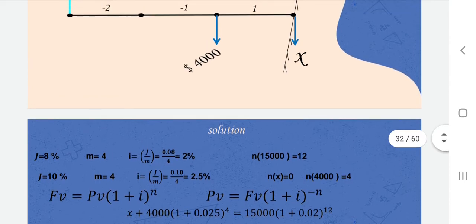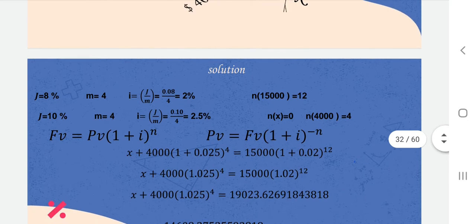M for X equals 0 because it lies on the focal date, and M for $4,000 equals 4 because the time between the maturity date and focal date equals 1 year. 1 times 4 equals 4.